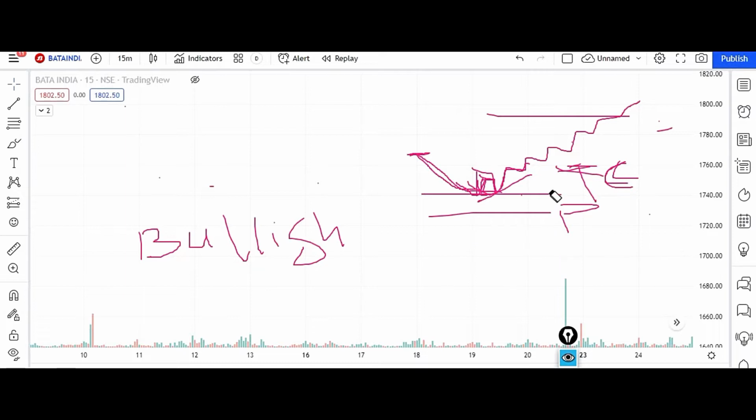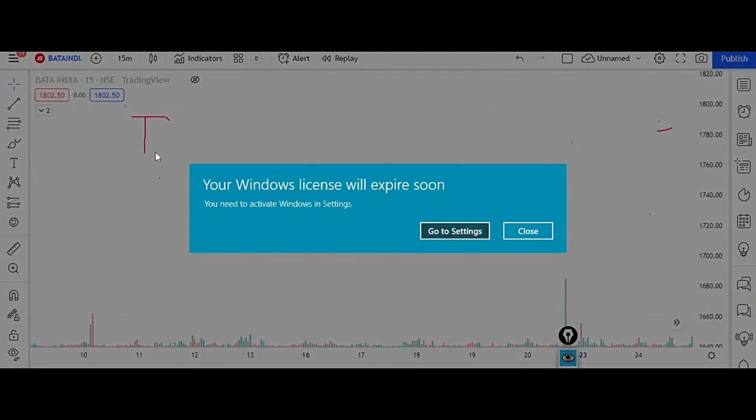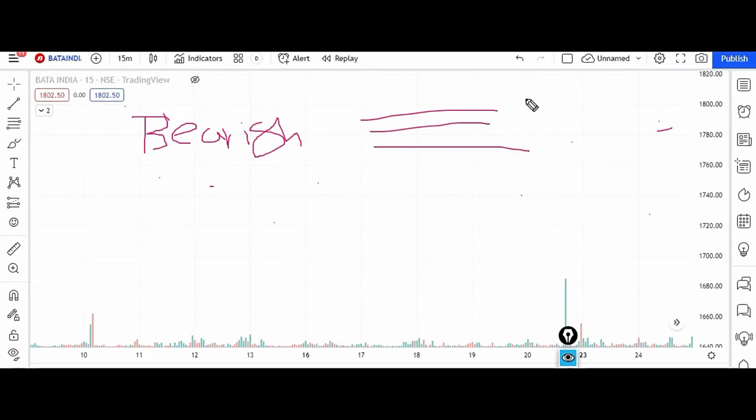In the same way, what is bearish in CPR? These are the three CPR lines. This is TC, this is pivot and BC. The price is trading below BC, the bottom central pivot.